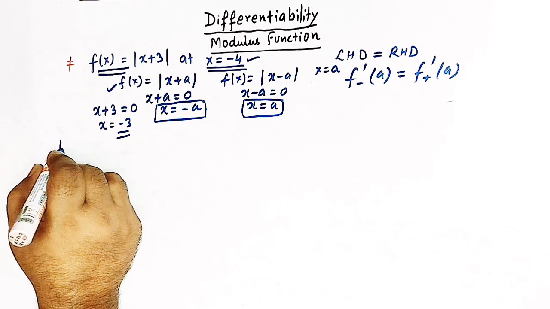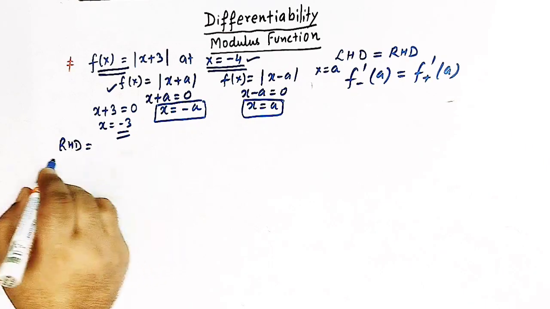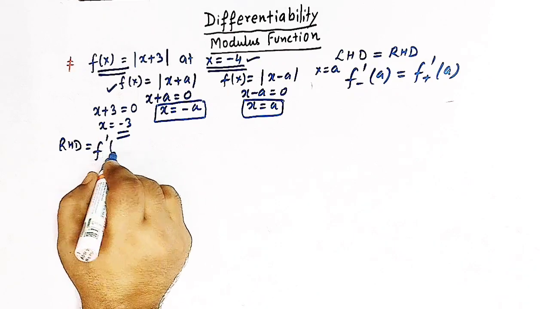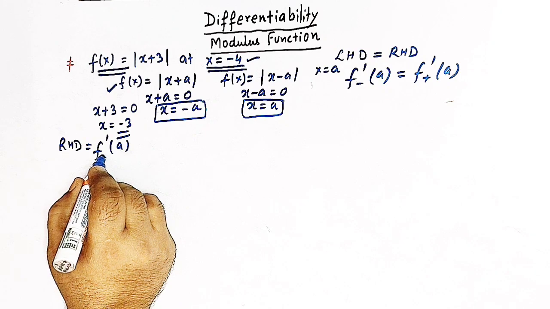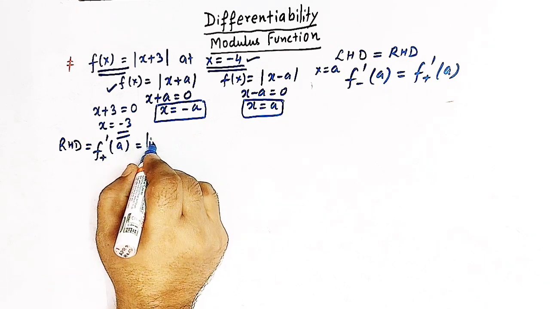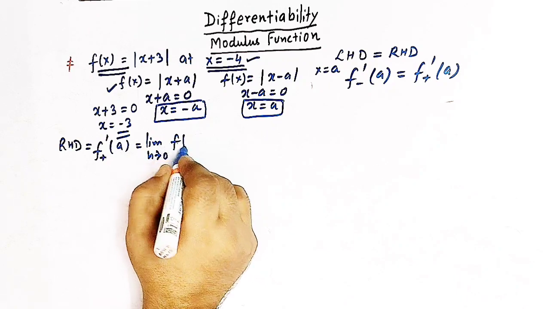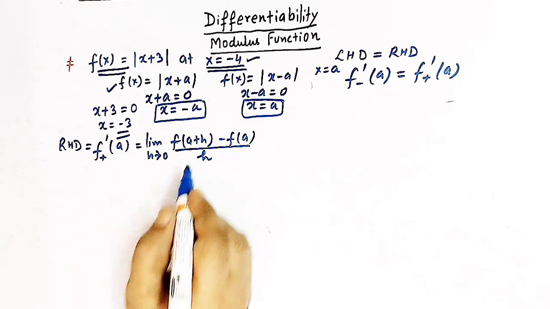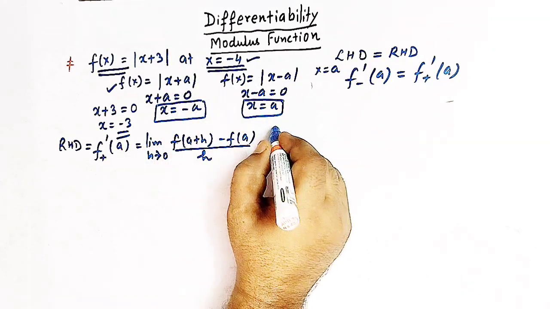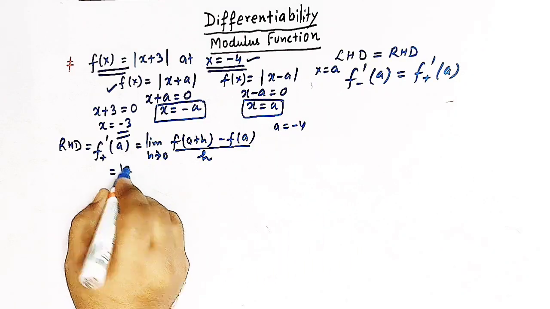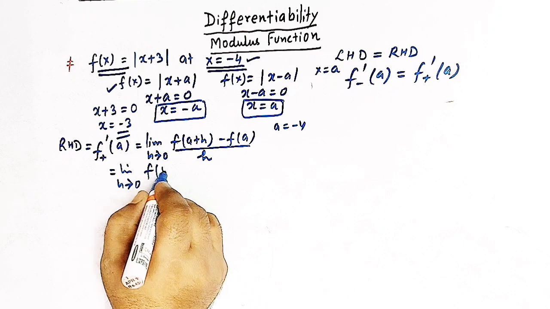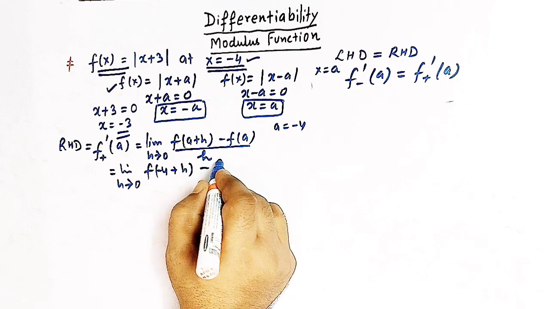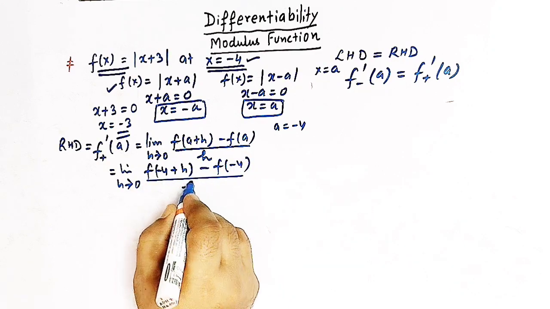So now let us first find the right hand derivative. The right hand derivative is given by this notation, f prime of a with a positive sign, and we write limit h tends to 0 of f of a plus h minus f of a divided by h. Now here a is minus 4, so we can write limit h tends to 0 of f of minus 4 plus h minus f of minus 4, divided by h.